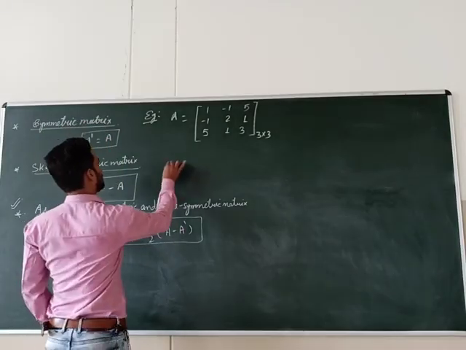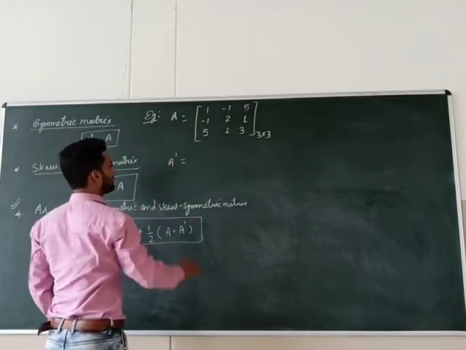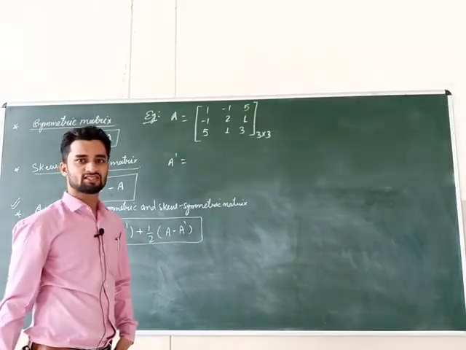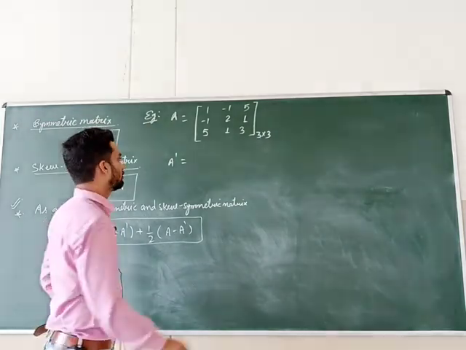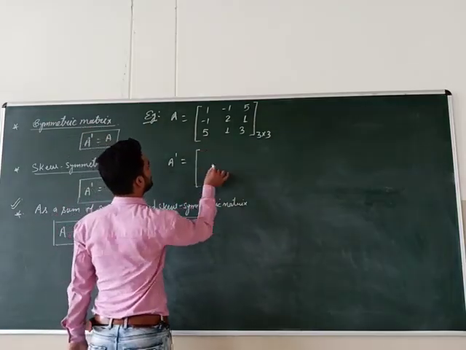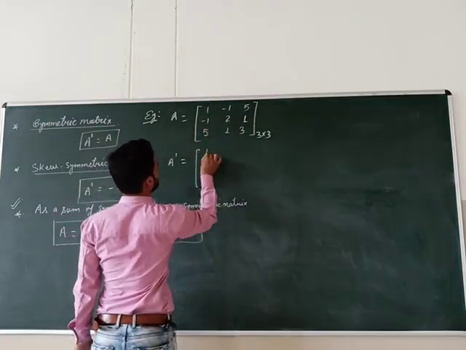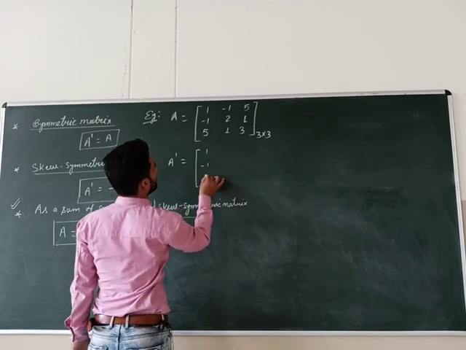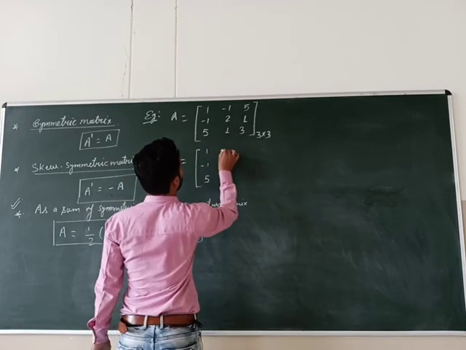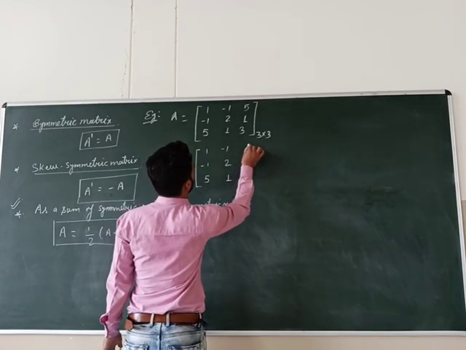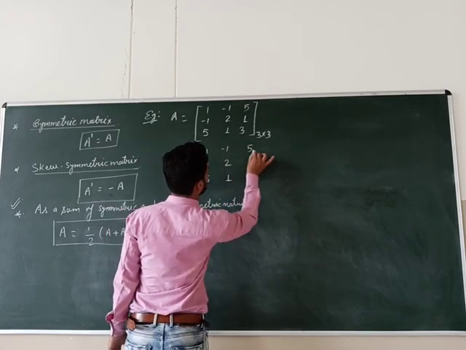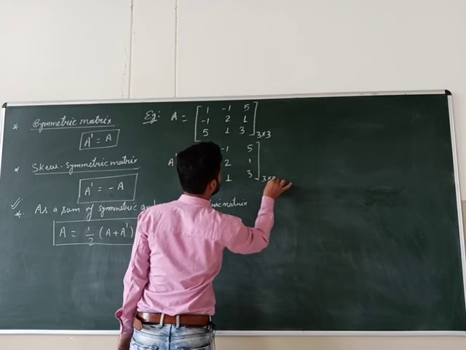For finding this out, we have to find the transpose of the matrix. What is the transpose? When we interchange rows with columns. So A dash will be: the first row becomes 1 minus 1 5, the second row minus 1 2 1, and the third row 5 1 3. This will be of order 3 cross 3.